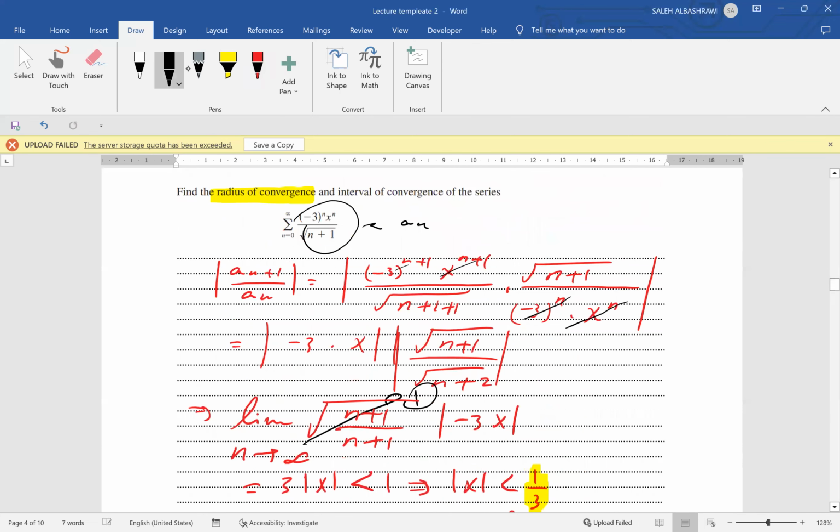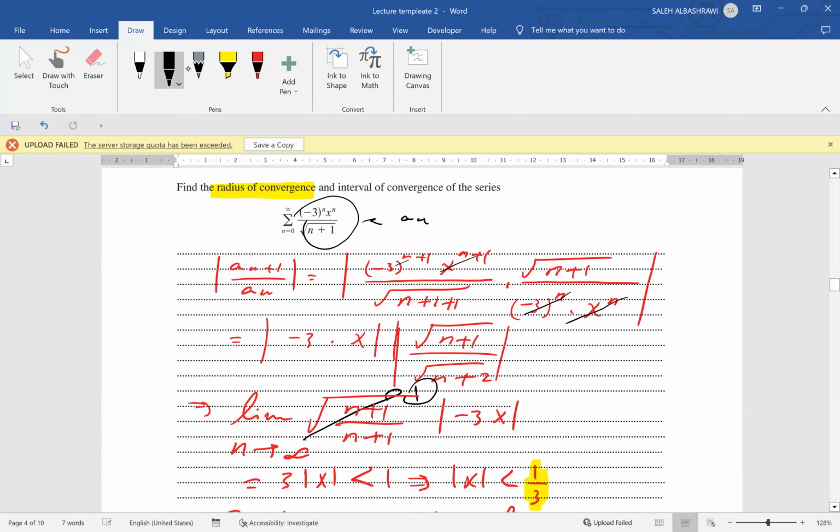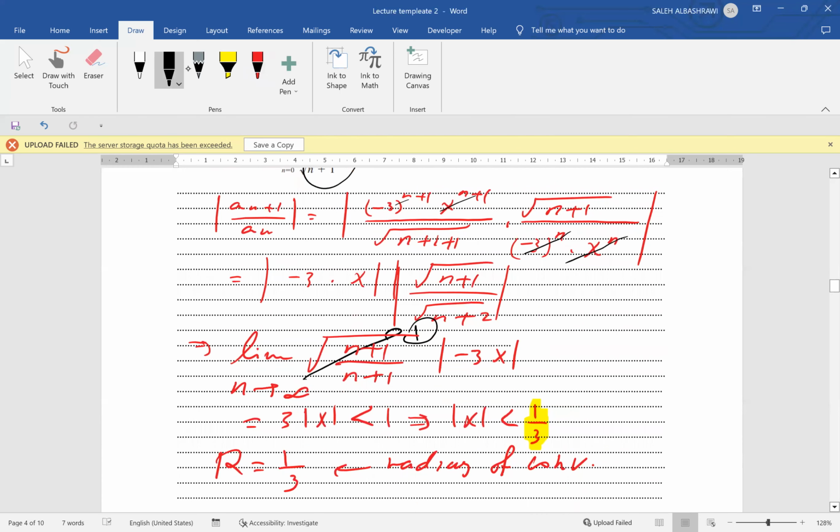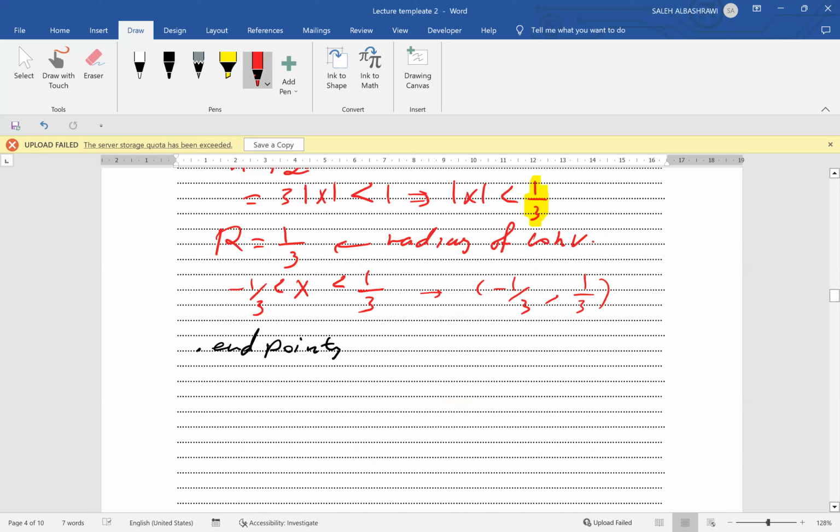So if we replace x by minus 1/3, or let's start with the first one, if x equals minus 1/3, I will have the sigma of (minus 3) to the power n multiplied by (minus 1/3) to the power n, divided by the square root of n plus 1.